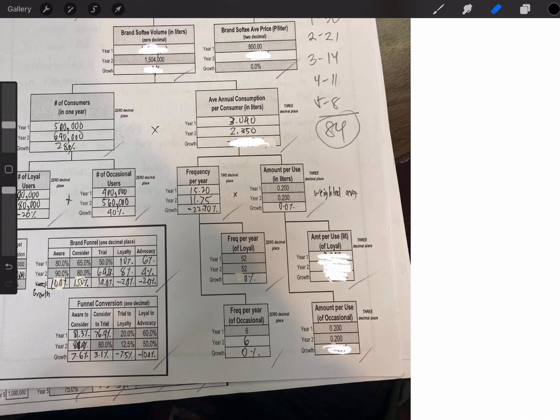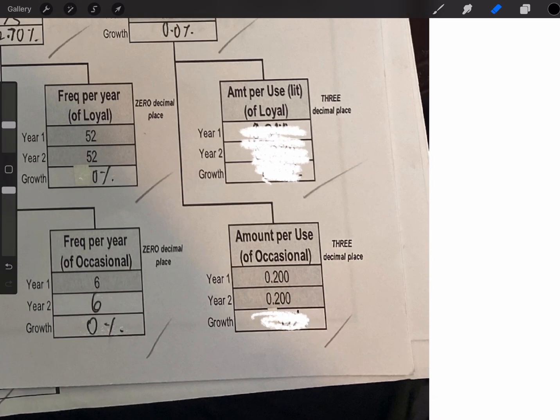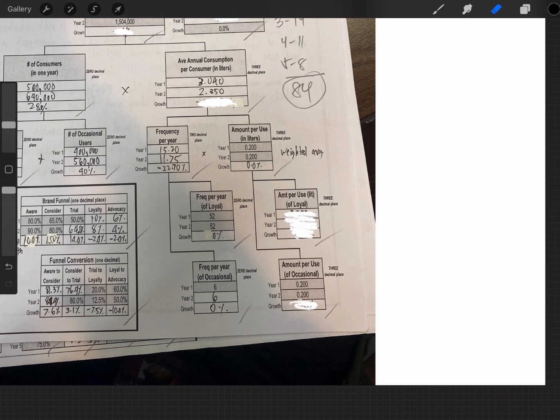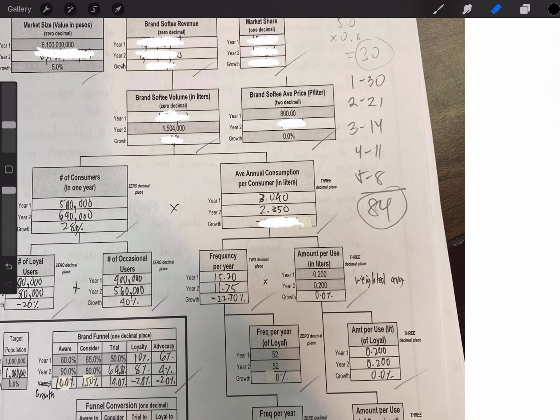And then we're going to use that same formula to figure out amount per use. We're given the amount per use of occasional, but we're missing that of loyal. If we do that exact same process we just did earlier, that should help us find the values there. Growth percentage would be a given in this case.